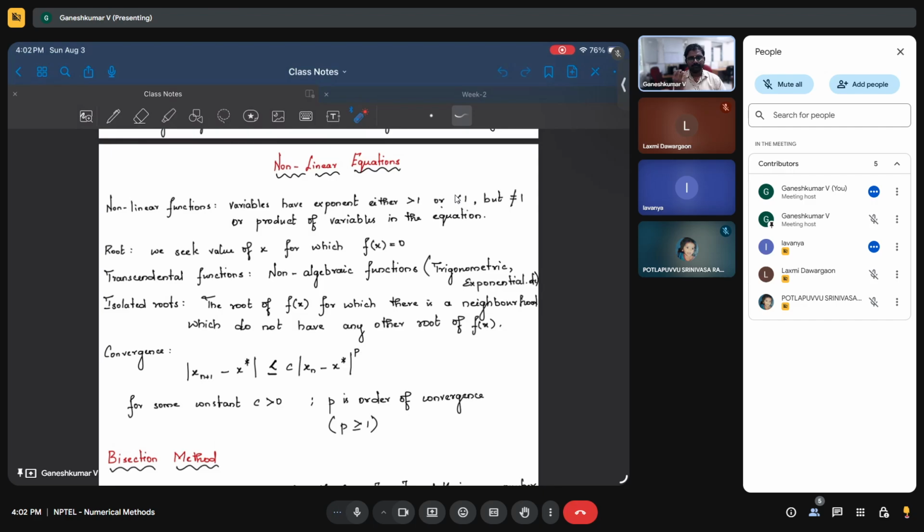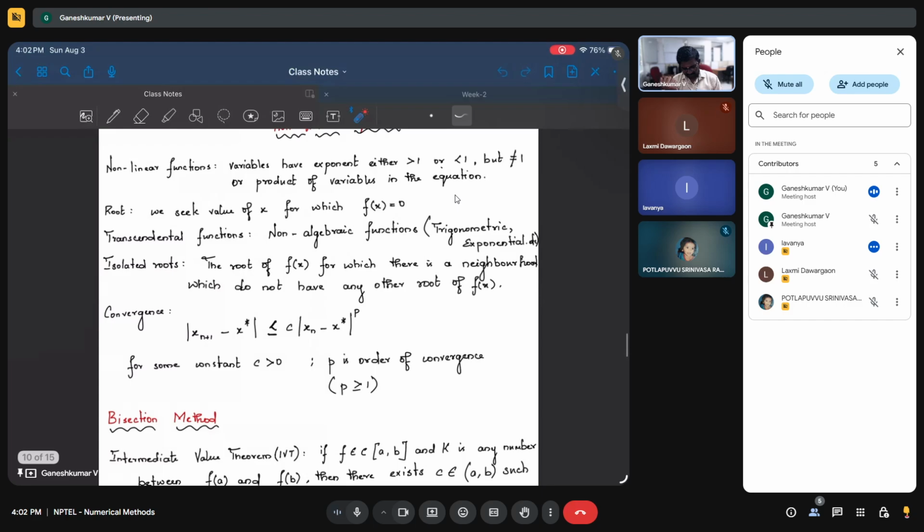If any functions of this kind are present in your equation, then that equation is called a nonlinear equation. More generally, it means variables having an exponent either greater than 1 or less than 1. If it is equal to 1, then it becomes a linear equation. And if you see a product of variables in an equation, then also it is a nonlinear equation.